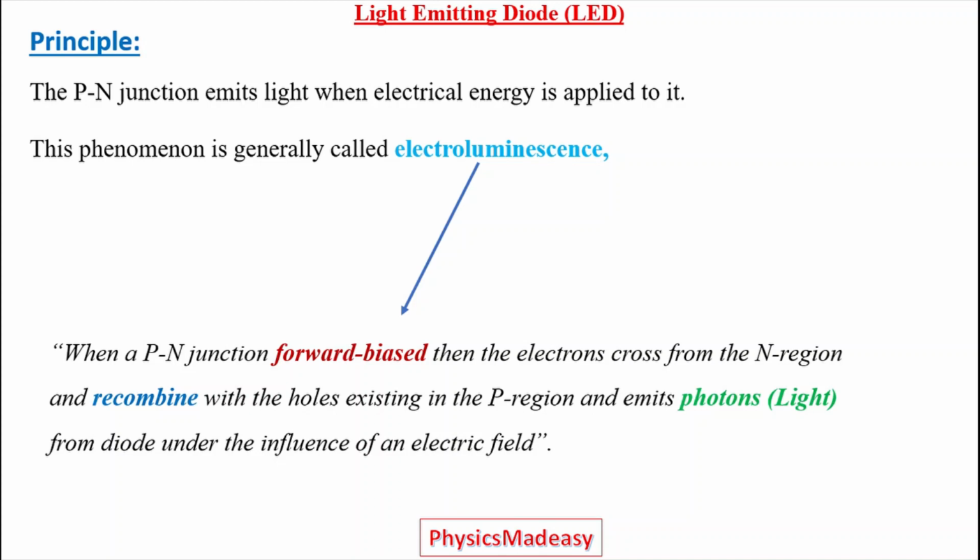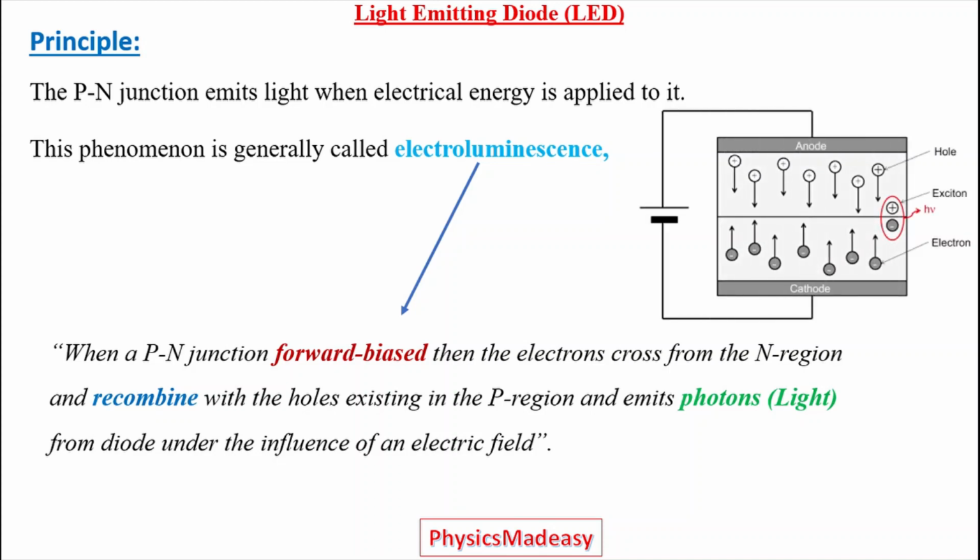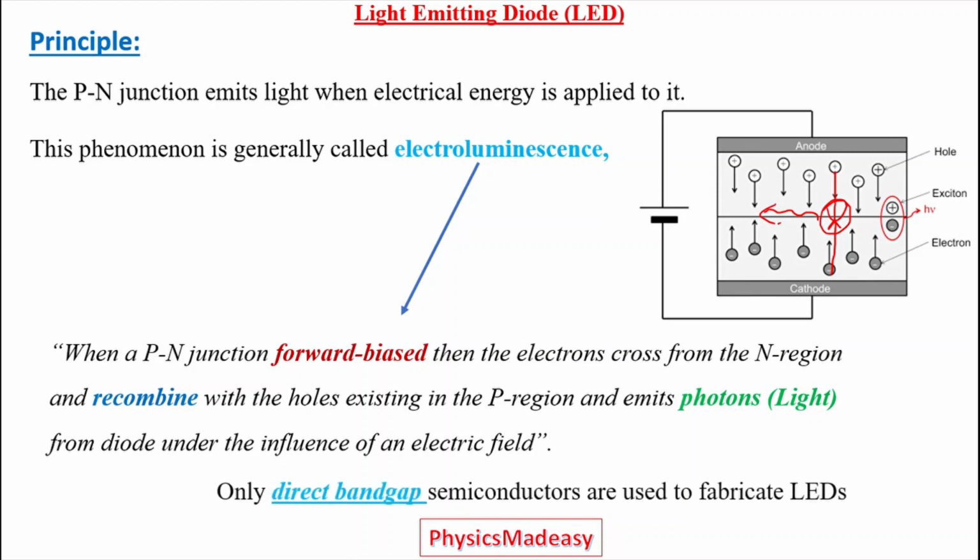At this time the diode should be under the influence of an electric field. Here the p-type pushes holes towards the junction and the n-type pushes electrons towards the junction. Here the recombination takes place and a photon gets released. This phenomenon is called electroluminescence.